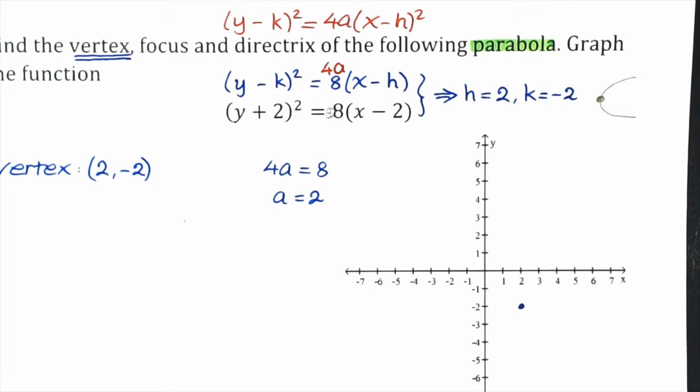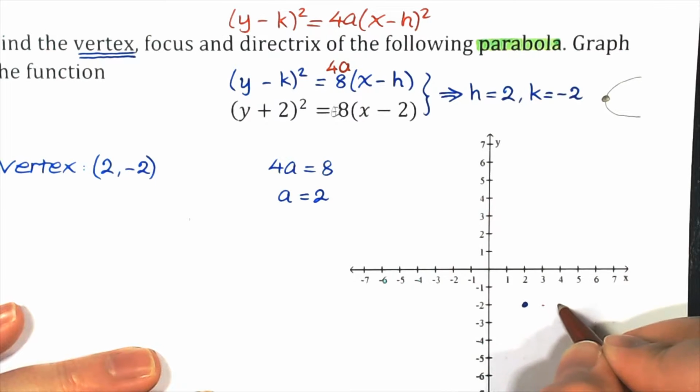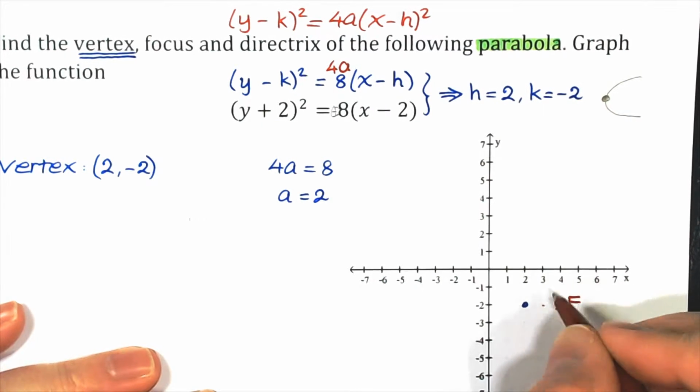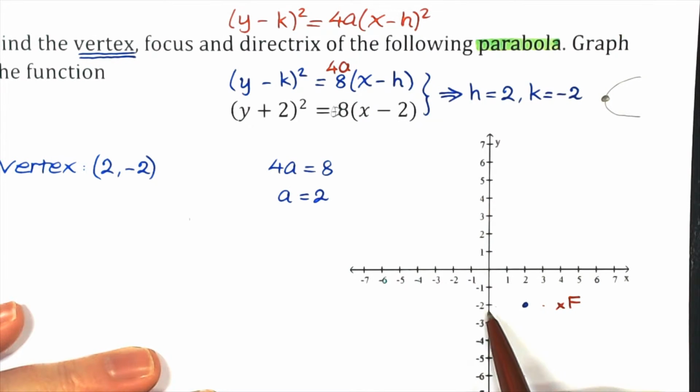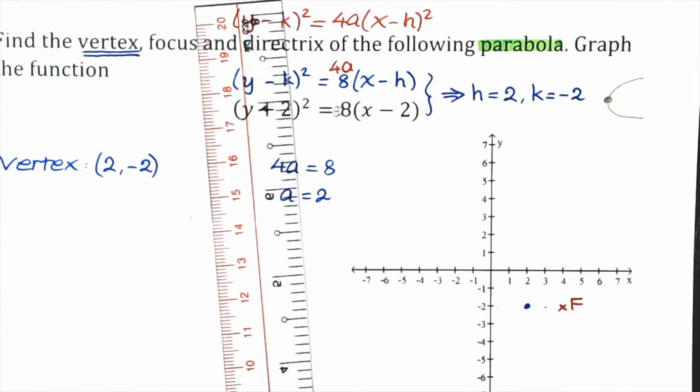Since it opens to the right, the focus has to be 2 units away from the vertex. So the focus is going to be here, and the directrix is 2 units away in the opposite direction from the focus.